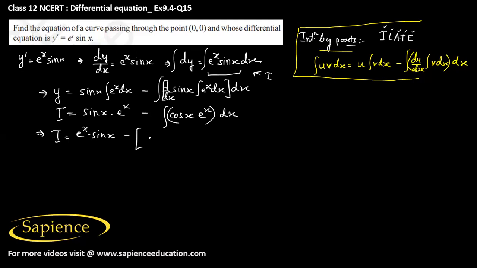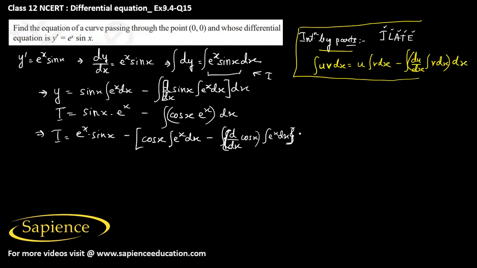So that will be cos x integral e power x dx, then minus integral of d by dx of cos x, then integral e power x dx, whole integral dx.